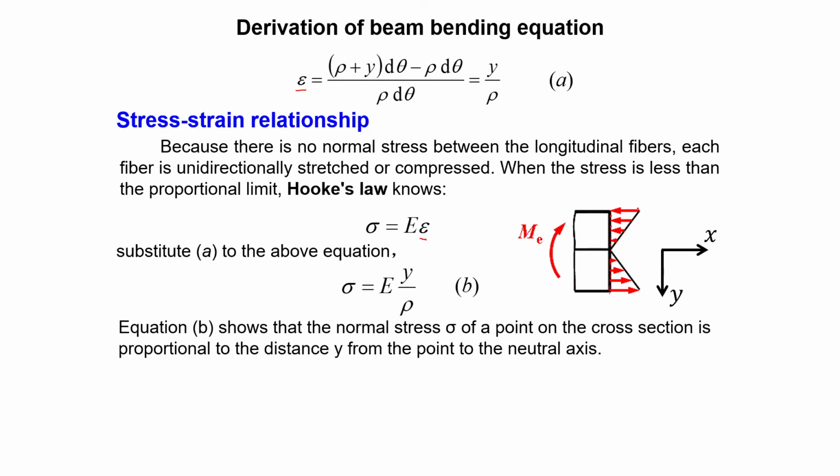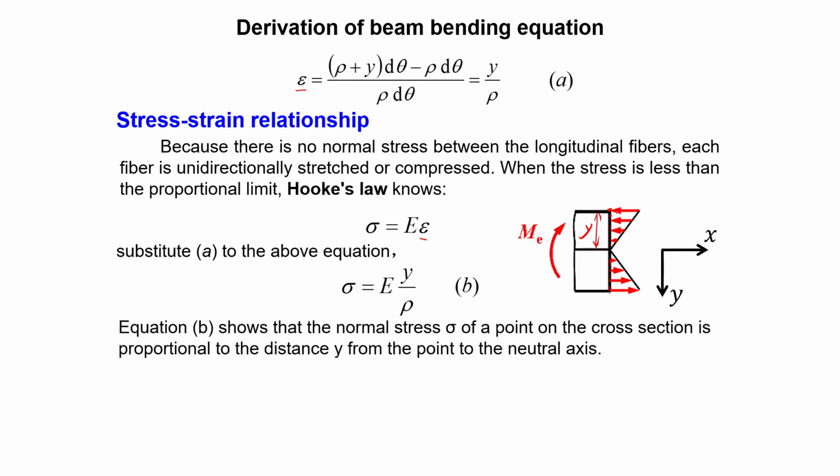For example, now you're looking at the edge area. So that point has a distance to the neutral plane y. So the stress now is reaching the maximum, right? So that's why we denote it here.